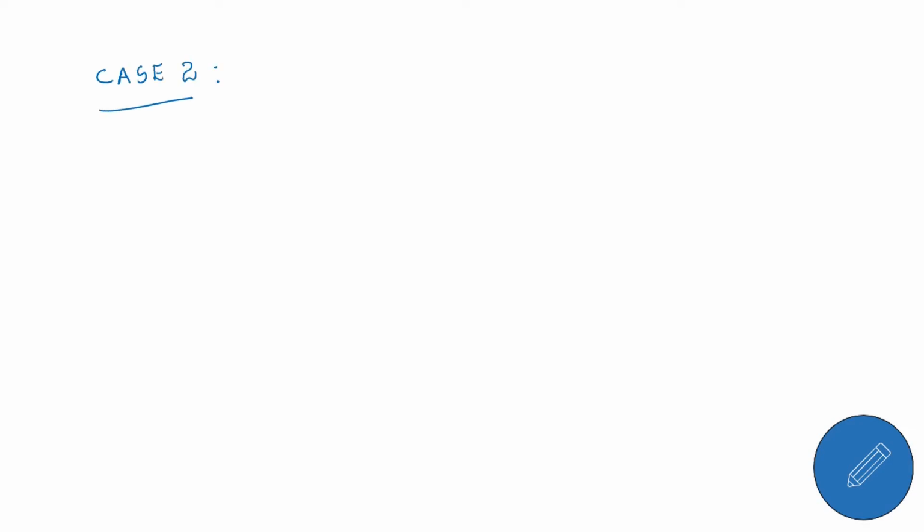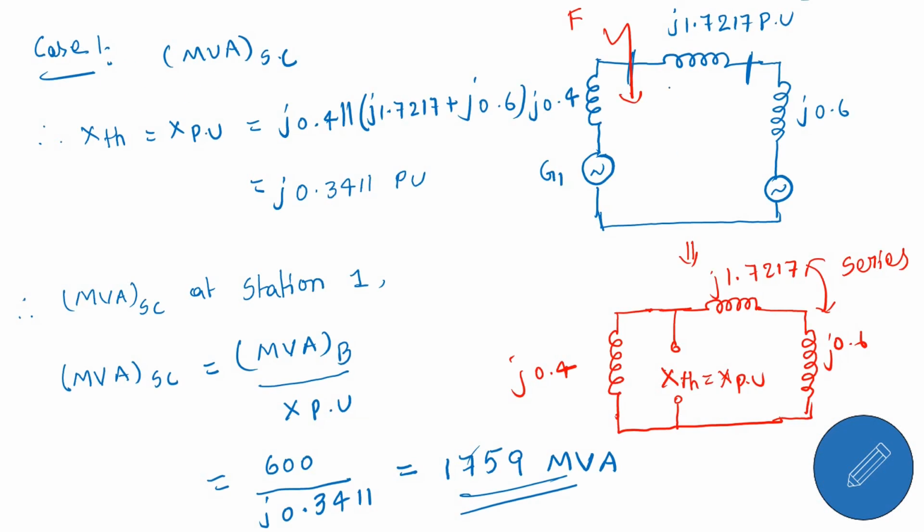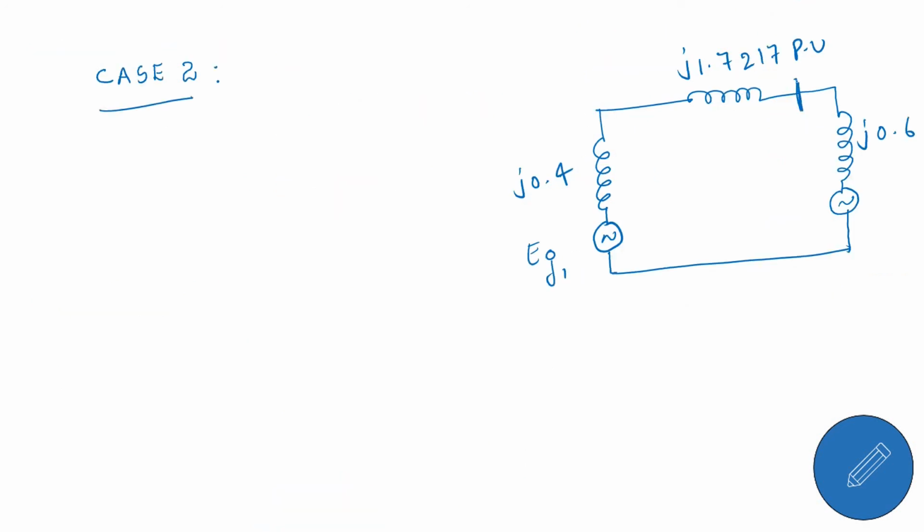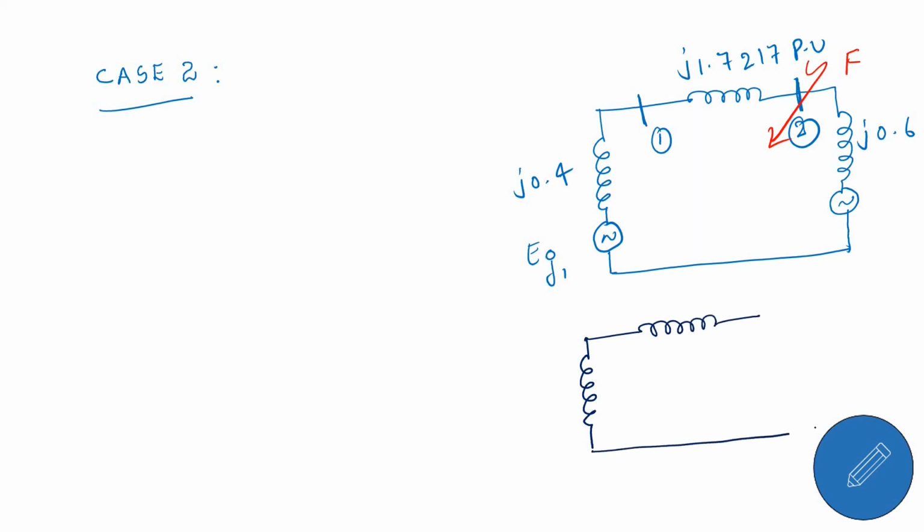Next, case 2. At station 2, let us take the same circuit. Instead of station 1, here the fault will occur at station 2. Now the fault has occurred at station 2. So how will we calculate the Thevenin's impedance? Deactivate the sources. With respect to the station 2 terminals, you will be finding the X Thevenin or X per unit.